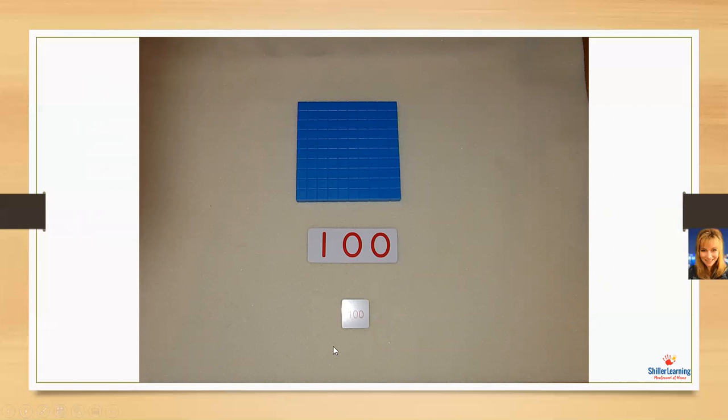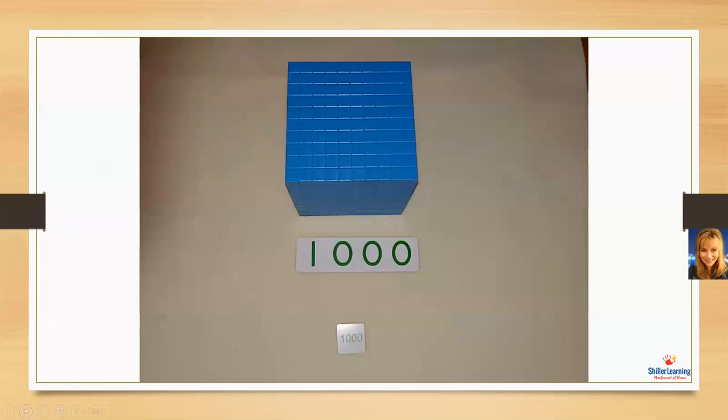We're now going to use that 100 tile, and then for the 1,000. And you can see how you've got that physical representation. I think it's most dramatic when you're looking at the 1,000, because that 1,000 number card as well as the material for the 1,000 are so much larger than what you're looking at with that 1,000 number tile.